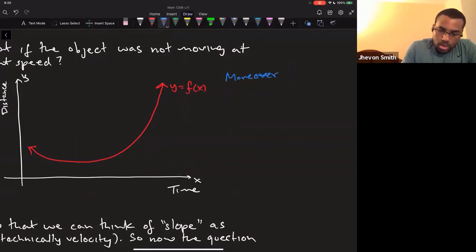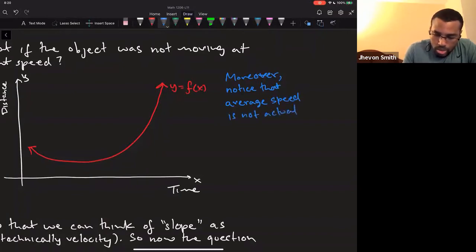Moreover, notice that average speed is not actual instantaneous speed anymore. How do we know?